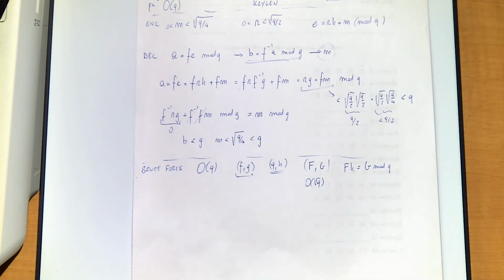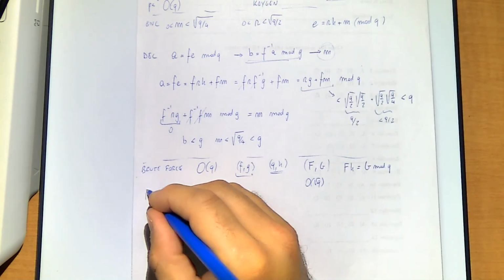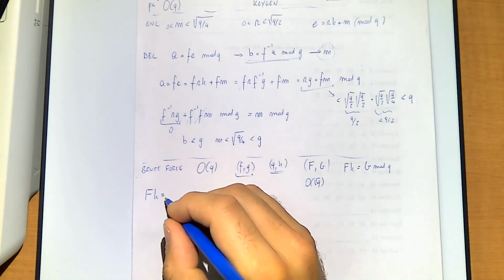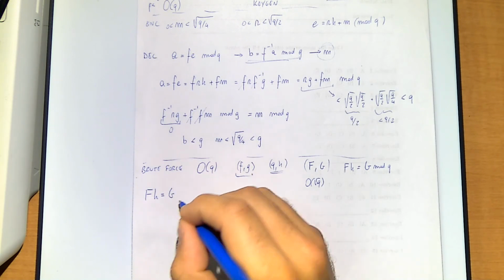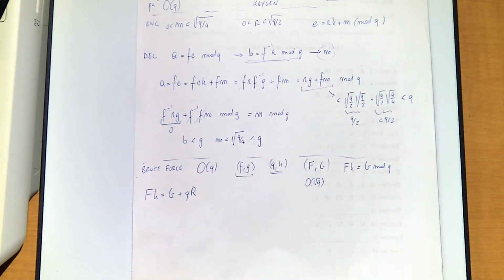And so, if you rewrite these congruences, this is equivalent to FH equal to G plus a multiple of Q, right?